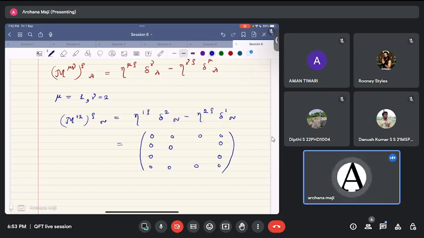So this term is 0, which implies this term should also be 0 because this is an antisymmetric matrix. And so this term would correspond to rho equal to 2 and sigma equal to 2. So if we put 2 here, that gives 0. If we put 2 here, that gives 0. Okay, so that's 0.